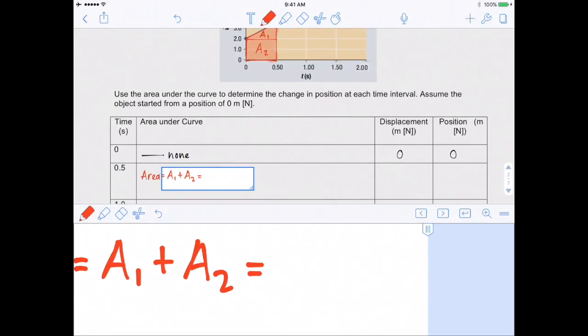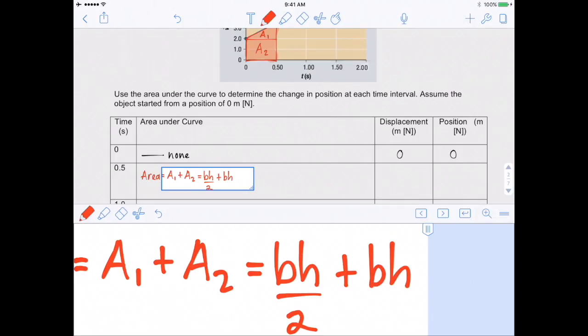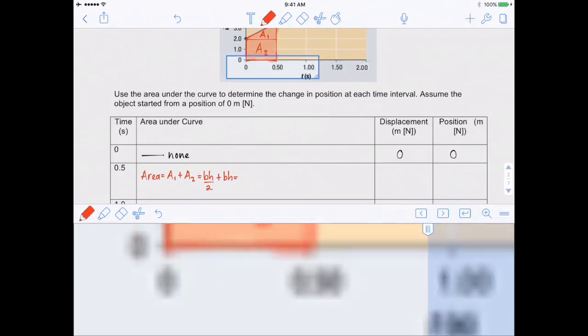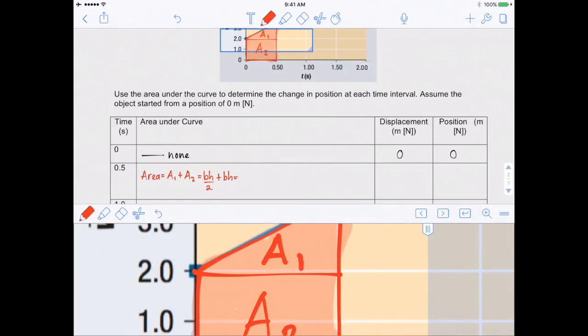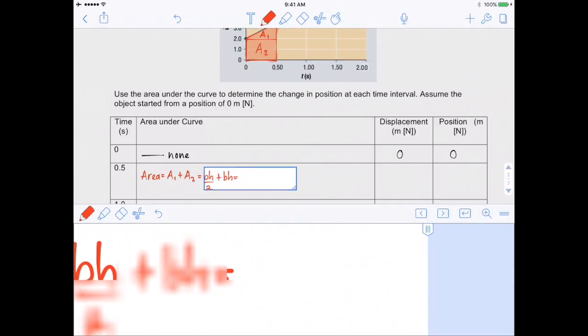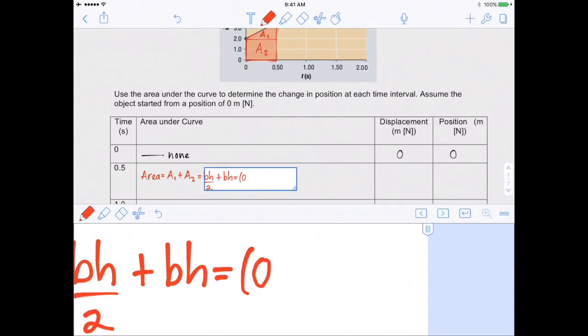A1 is a triangle, base times height over 2. And A2 is a rectangle, base times height. So let's do the triangle first. The base of this triangle is from 0 to 0.5, so the base is 0.5 seconds.